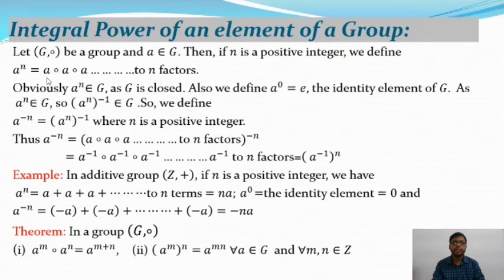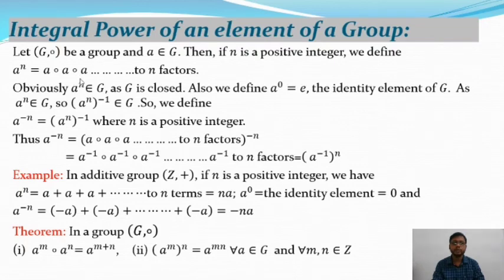Because G with composition satisfies the closure property. G is a group, so it satisfies the closure property as well as the associative property. Take a to the power 2, which is equal to a composition a. Since G satisfies the closure property, a composition a belongs to G. That means a square belongs to G.